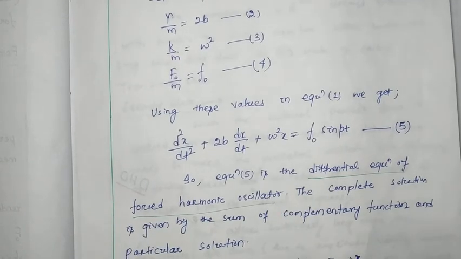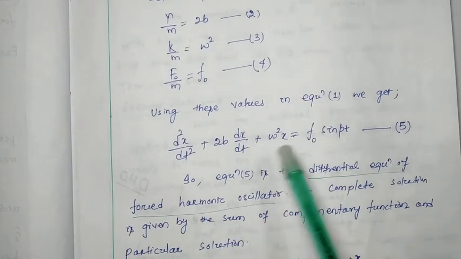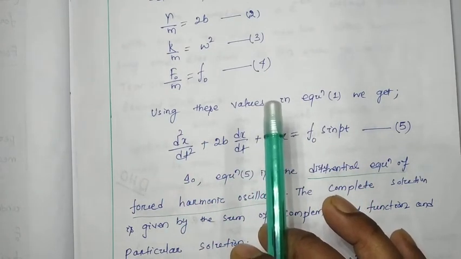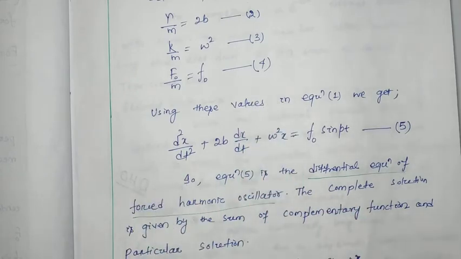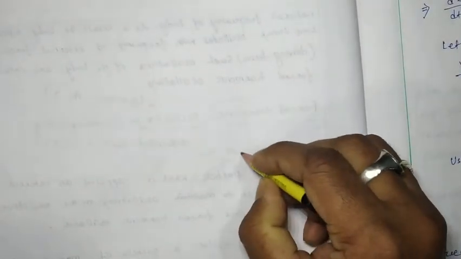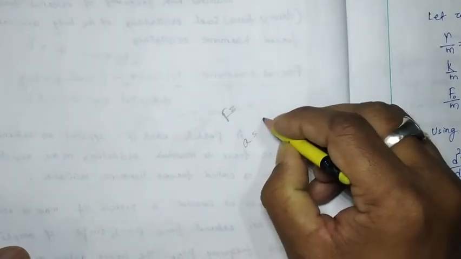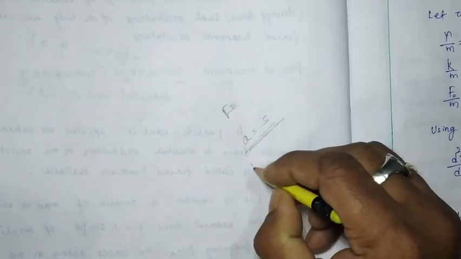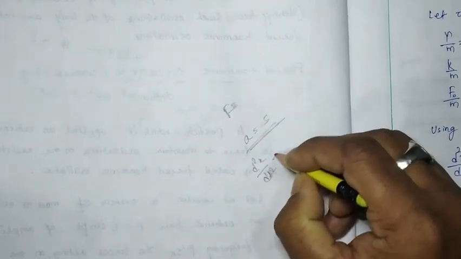Again, one thing you have to remember always: the physics behind any differential equation is the dynamics in your surroundings. Suppose a body is moving with acceleration a equal to 5. That means d square x by dt square minus 5 equals 0.